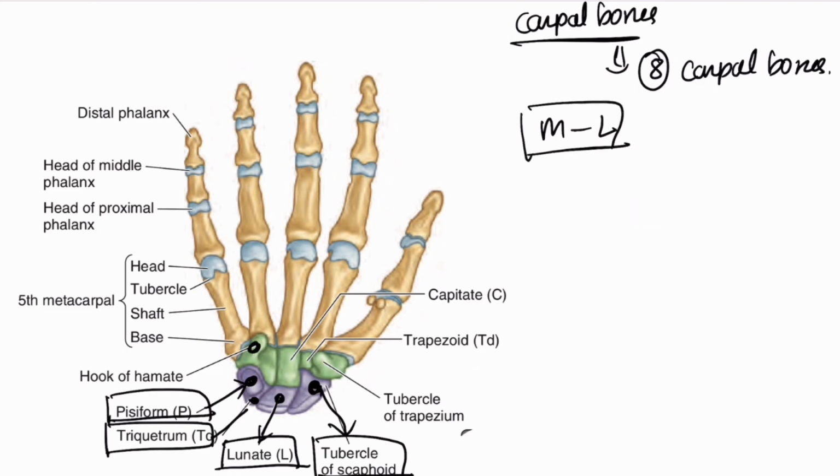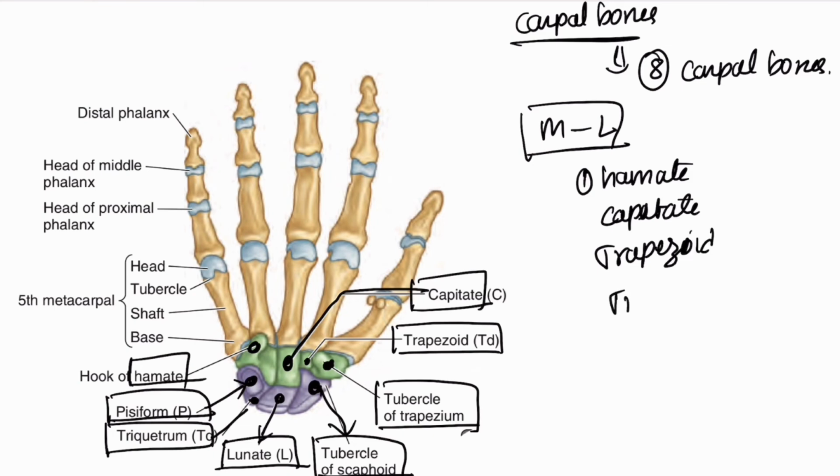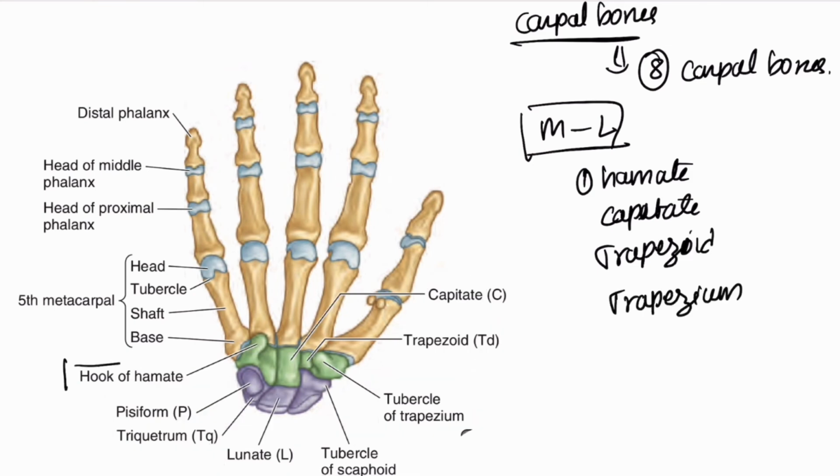This is the hamate bone here, and this is the capitate bone here, and this is the trapezoid bone, and this is the trapezium. Now let us write them. First we have the hamate bone, and then we have the capitate, and we have trapezoid, and we have the trapezium. Hamate bone has a hook.